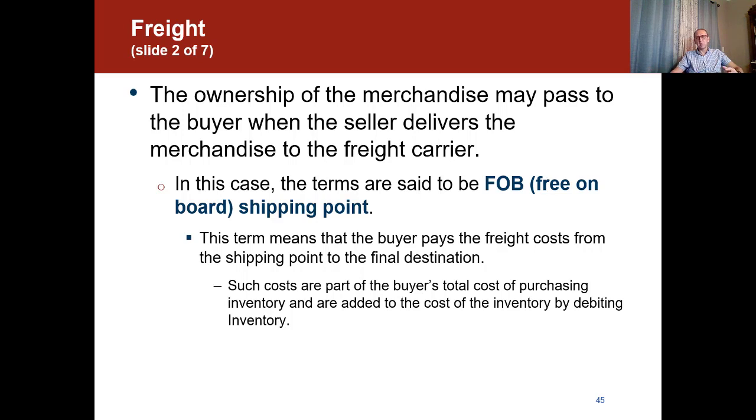So let's say I'm buying a computer and the computer value is $200, and I paid $30 for shipping. From my perspective, the cost of that computer is $230. It's not $200 and then $30 for shipping treated separately. No, you just combine them and add the total together as the cost of inventory.